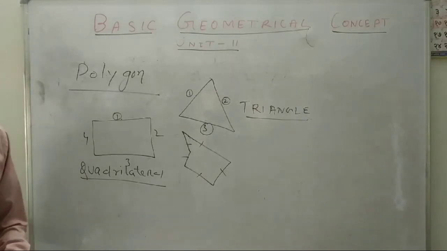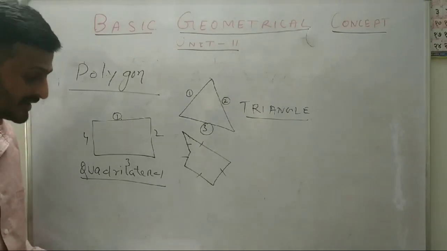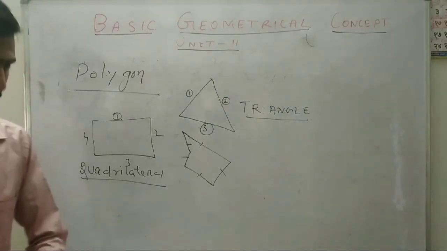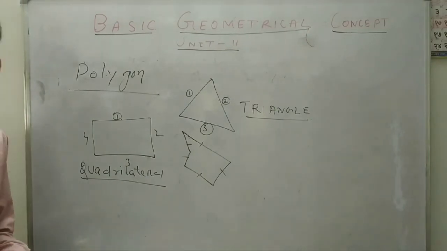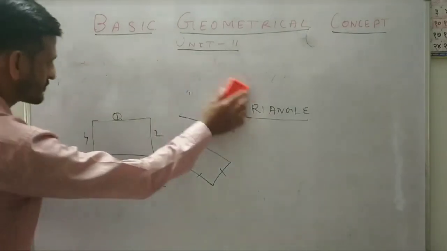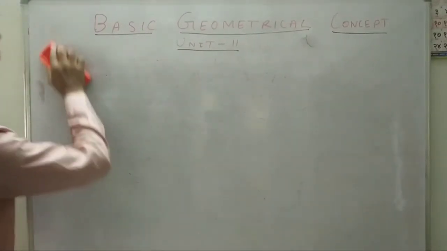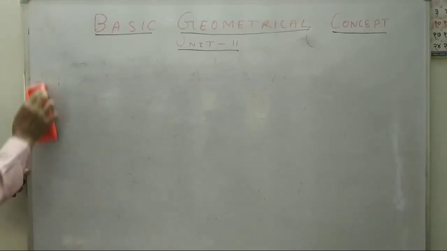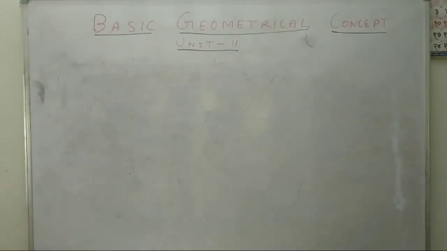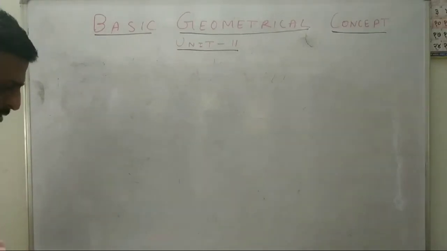In the exam you may be asked to name a five-sided polygon, so you should answer pentagon. A six-sided polygon is a hexagon. This is a very important topic, so students, you should remember this. How many sides does a polygon have? At least three sides. Name the four-sided polygon: quadrilateral; five-sided, pentagon; six-sided, hexagon; seven, heptagon; 8, octagon; 9, nonagon; and 10, decagon respectively.